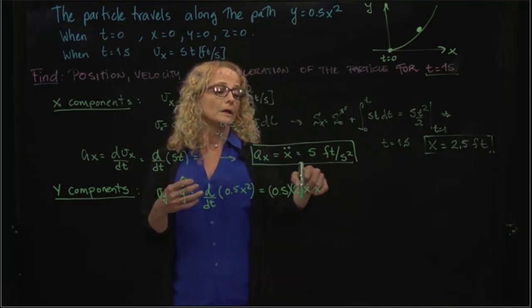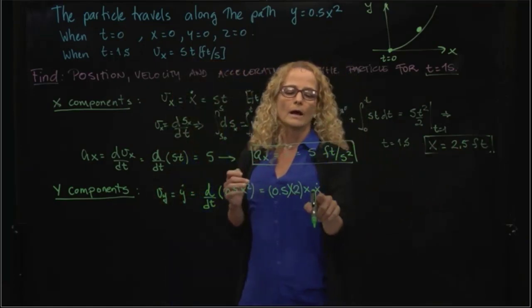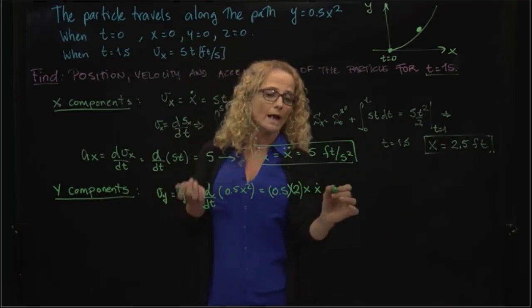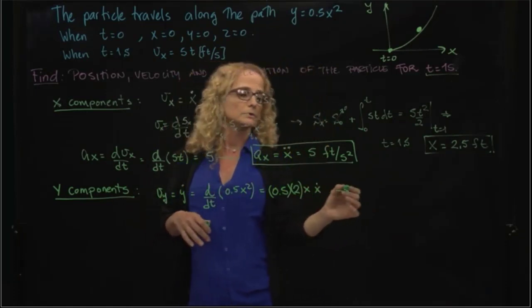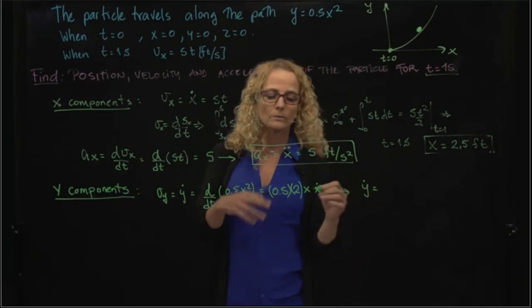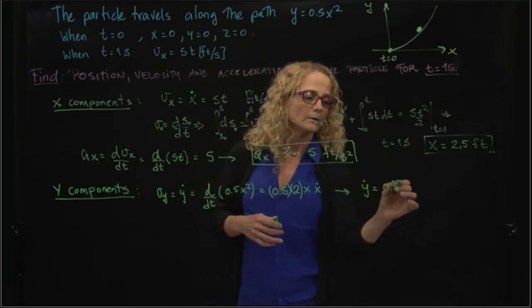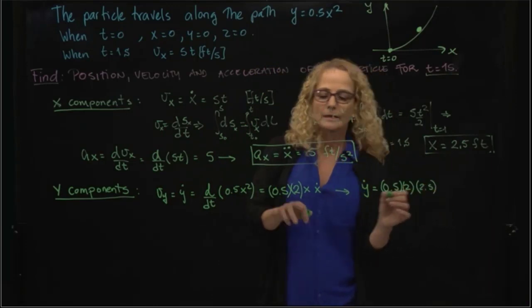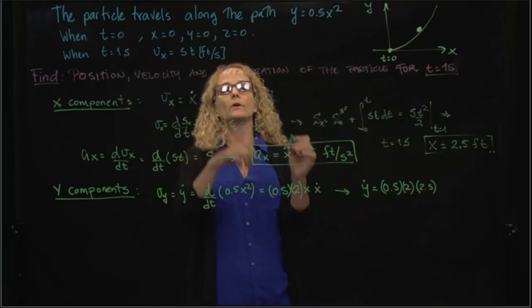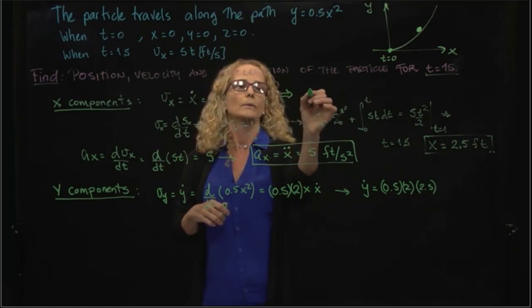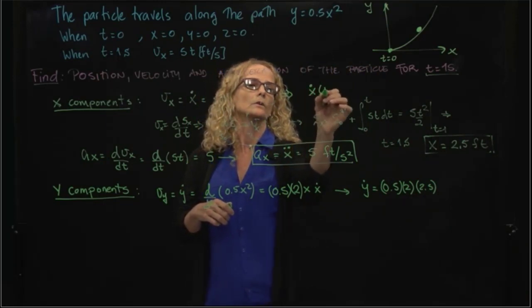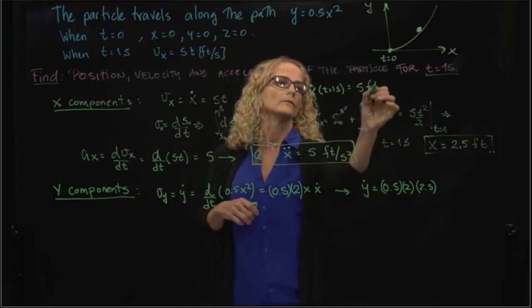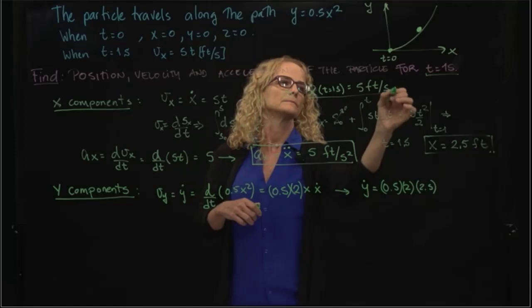We have the position x equals 2.5 and the given velocity x dot equals 5.